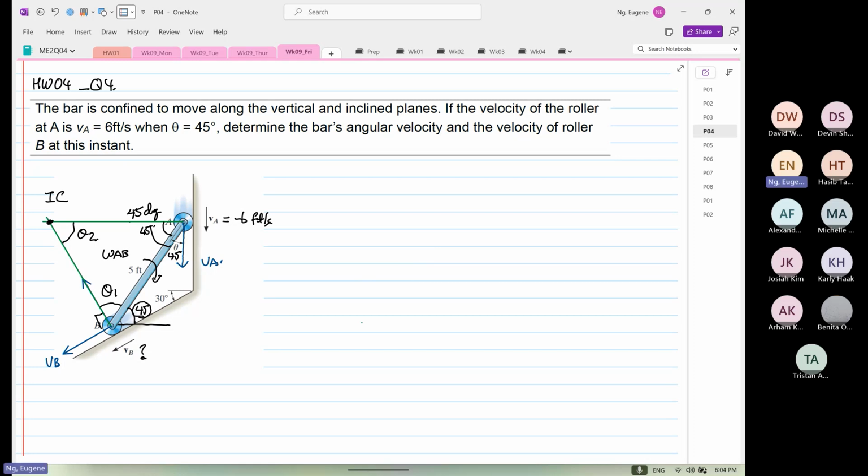What is theta 1 equal to? Can someone tell me?